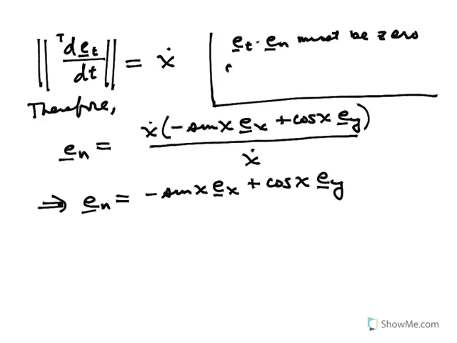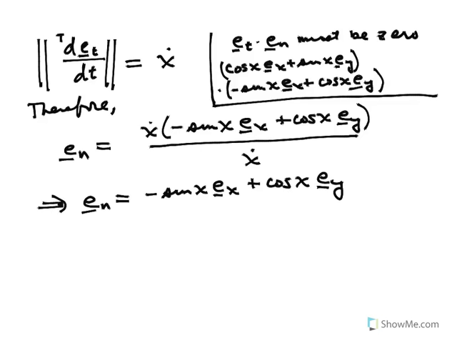So we take the scalar product of cosine of x EX plus sine of x EY with minus the sine of x EX plus the cosine of x EY. We've got cosine times negative sine plus sine times cosine, which cancels out, giving us 0. So we've just checked that those two vectors are in fact orthogonal to one another.